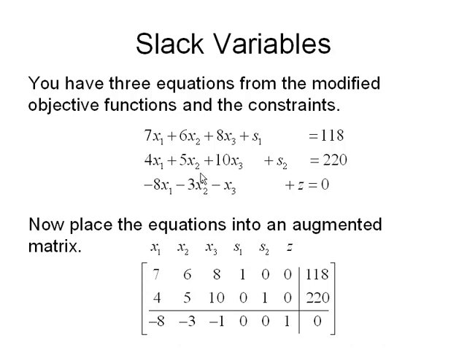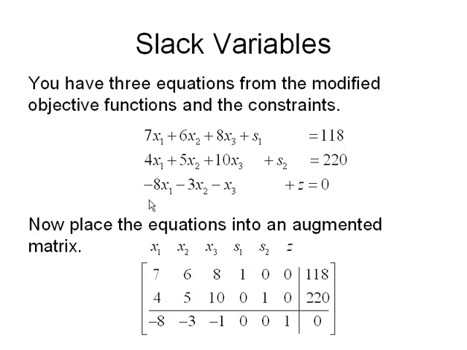My second constraint, 4x sub 1 plus 5x sub 2 plus 10x sub 3 plus s2 equals 220, becomes 4, 5, 10, 0, 1, 0, 220 in my augmented matrix.